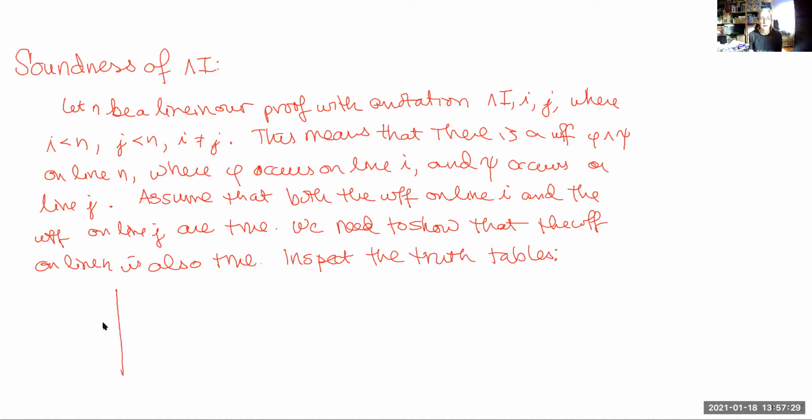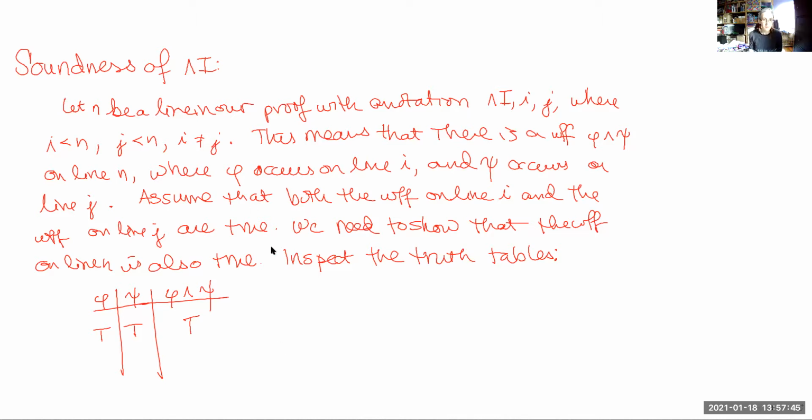We've got our assumption that phi is true and psi is also true. Then if you look at the relevant row of the truth table where both of the conjuncts are true, you'll see that the conjunction is also true.